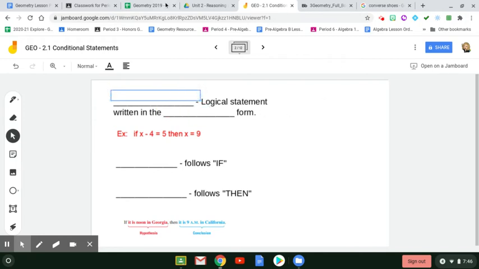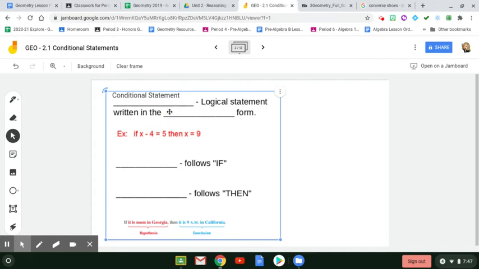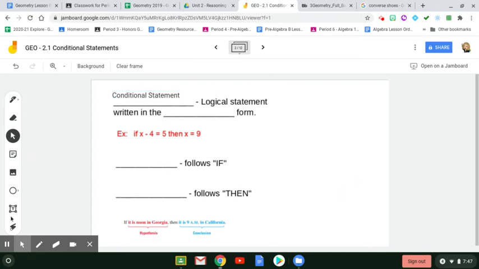The first blank here is a conditional statement. You're going to hear that word a lot. A conditional statement is a logical statement that is going to be written in the form if and then.